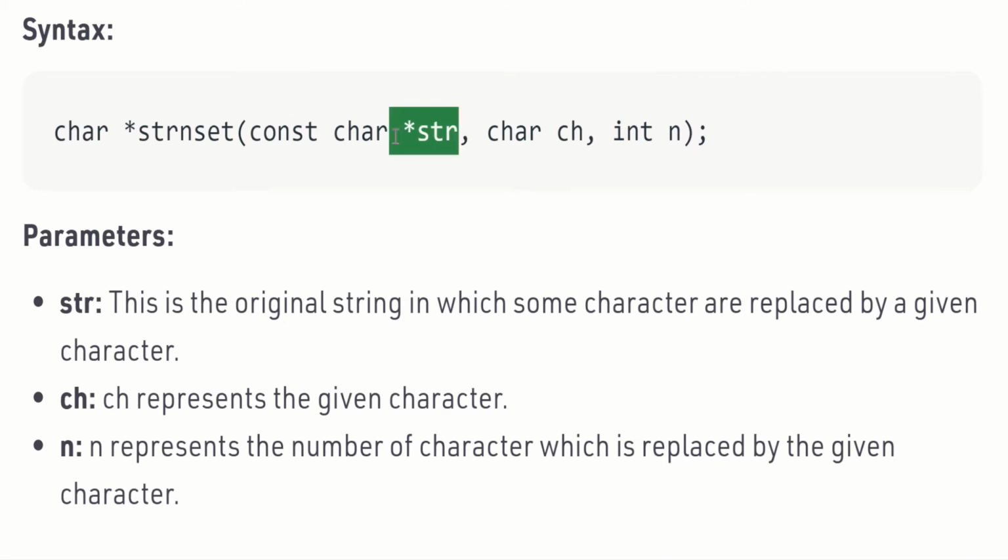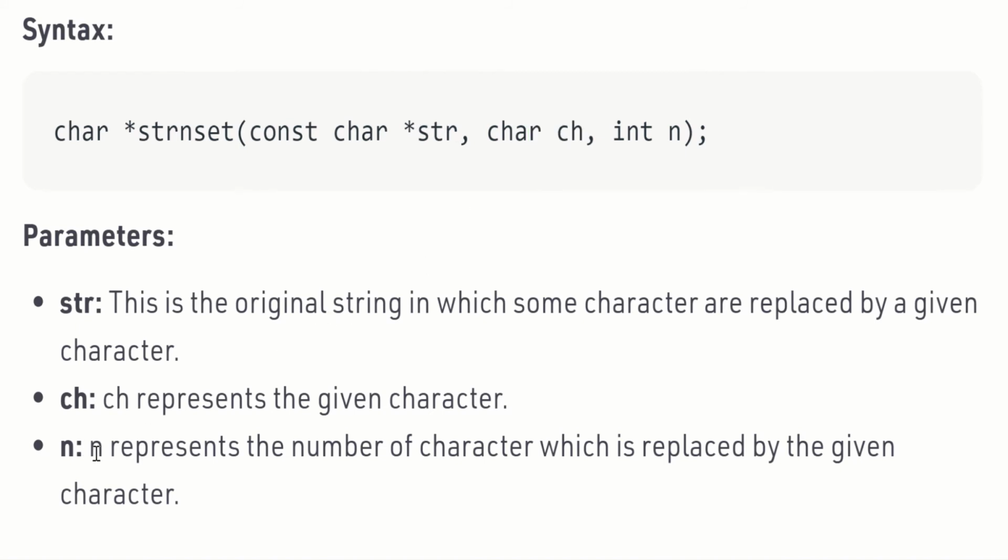Here, str is the original string in which some characters are replaced by the given character. It means we are changing this string into some new string. Here we have ch, a character that represents the given character. This character will replace characters in the string.